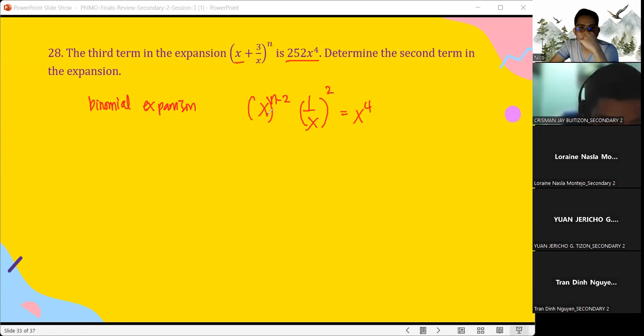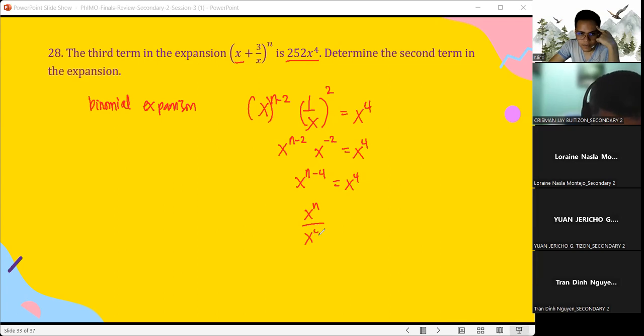So we need to know the value of n here. So this is x to the n minus 2, x to the minus 2, equals x to the 4. That is x to the n minus 4 equals x to the 4, or x to the n equals x to the 8. So n here is equal to 8.